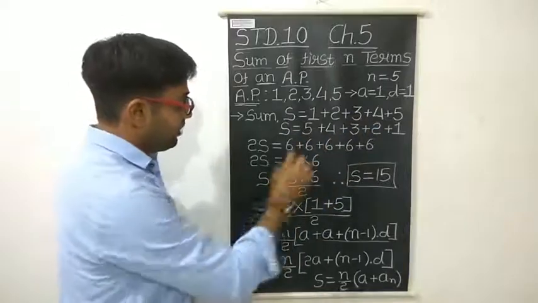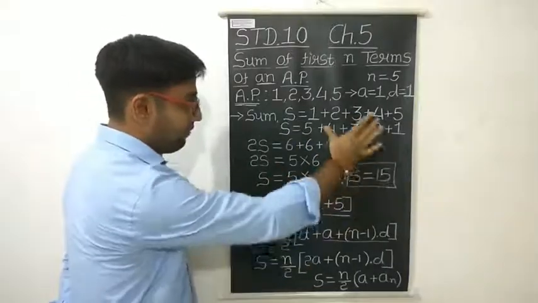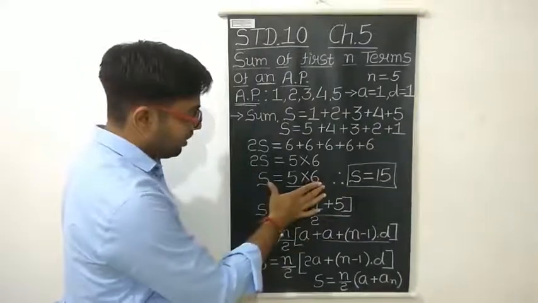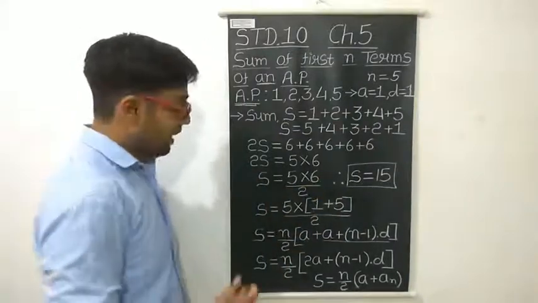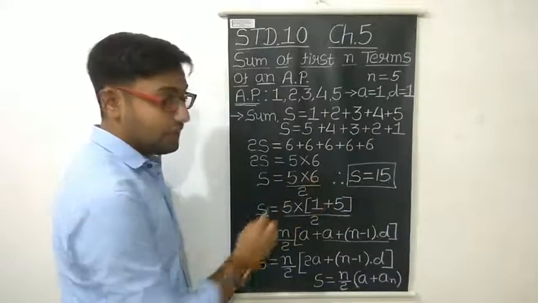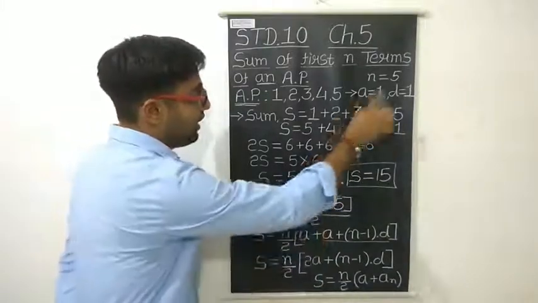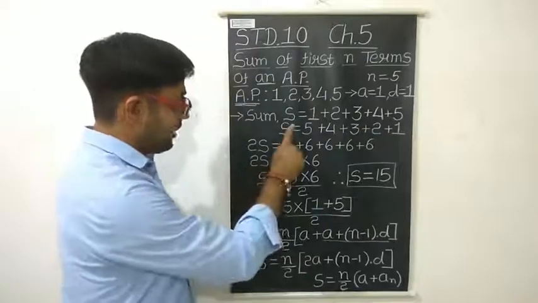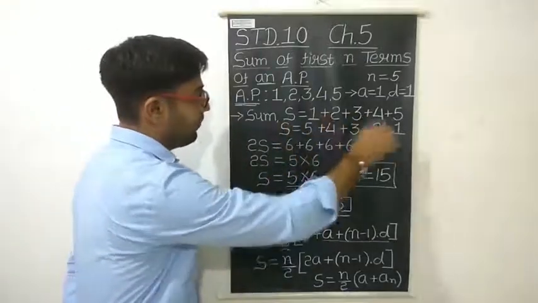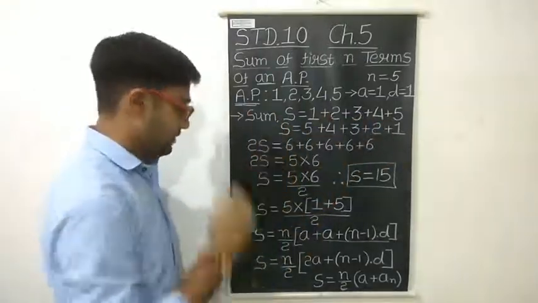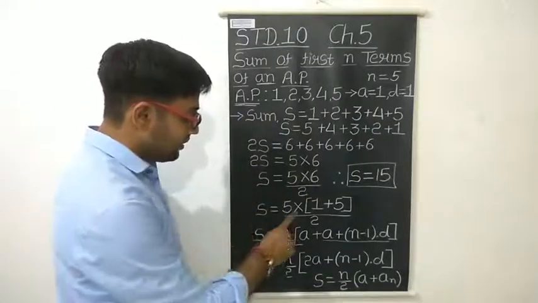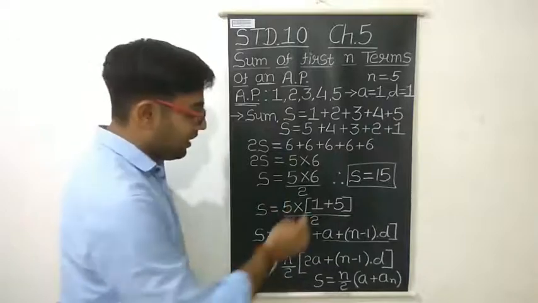Okay, now here the sum is 15, that is okay. But if you want to derive the formula, then we have to continue from this term. Now we have to put all these values in terms of A, D and N. See, S is the sum of the 5 terms of an AP. Now this 5 will remain as it is, multiplied by, how can we write this 6?